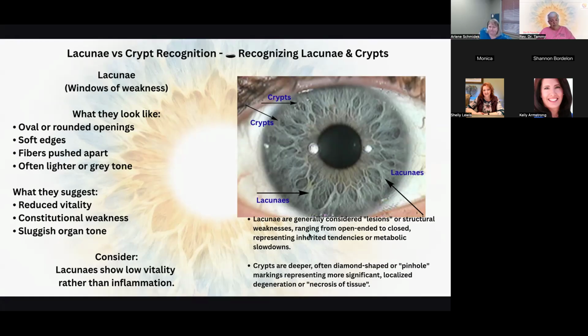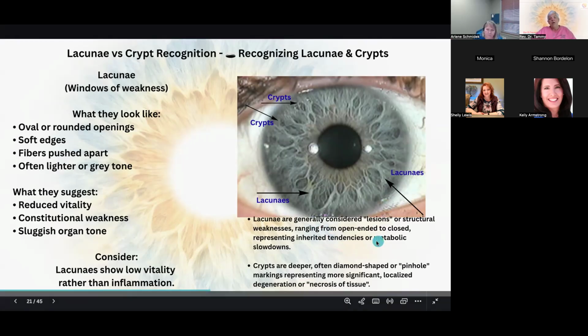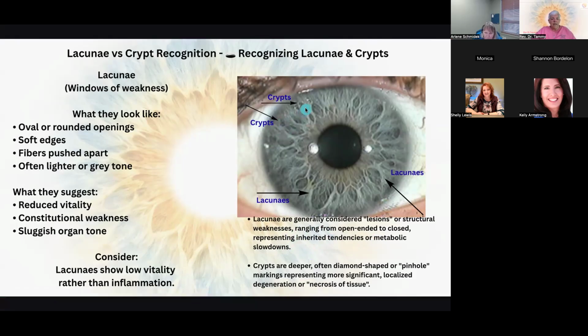A crypt, on the other hand, is deeper, often diamond-shaped, and looks like pinhole markings that represent more significant localized degeneration or necrosis of the tissue. So when you start seeing crypts with these little diamond shapes forming, think degeneration is going on in this area. What is causing the degeneration? You need to find out what the root cause is as to why these crypts are here.